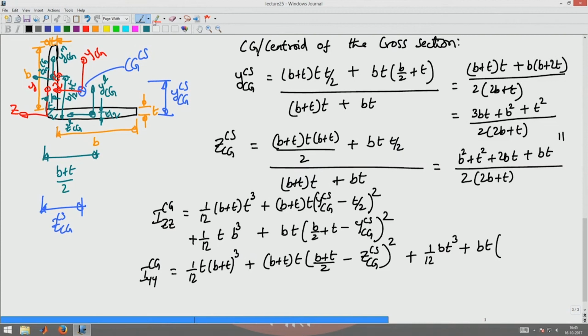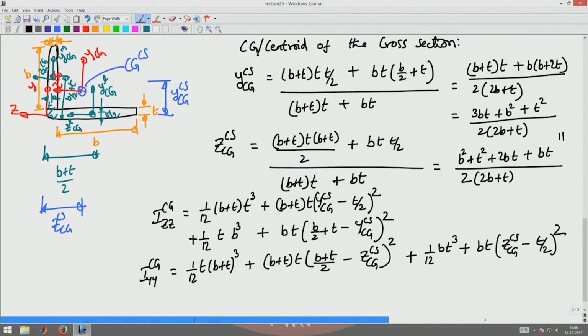I have to look at this distance for the shift along the y axis, okay. Moment of inertia about the y axis, I have to look at this shift, okay. So, basically that will be (Z CG CS minus T by 2) the whole square, okay.